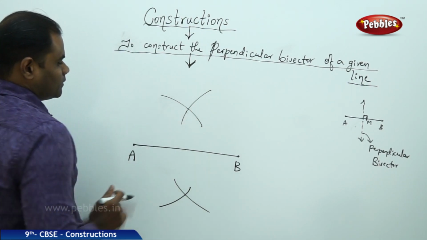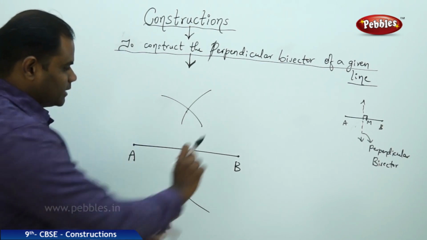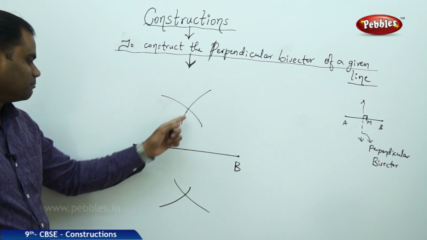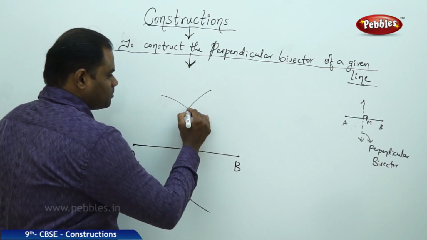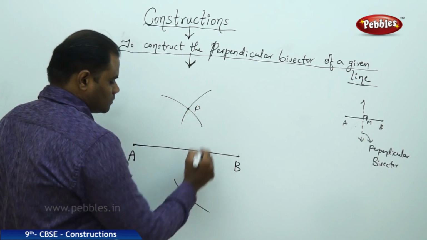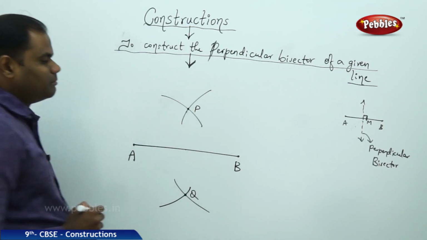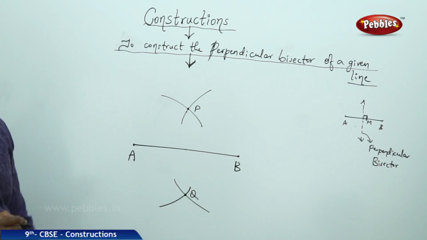So now we have the arcs cut on both sides, and this is how I get the two arcs from A and B meeting at the points, say P and Q. They meet at P and Q.